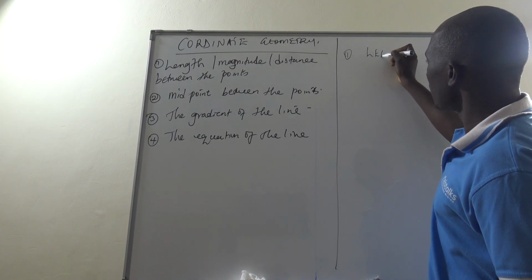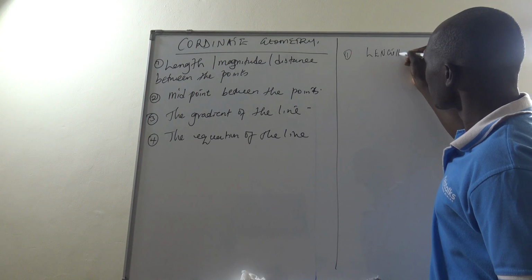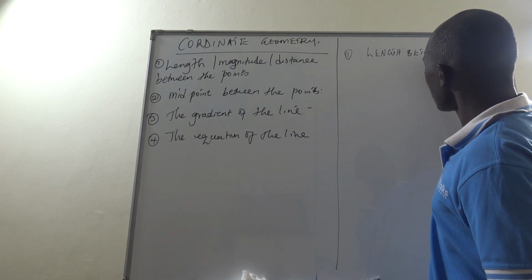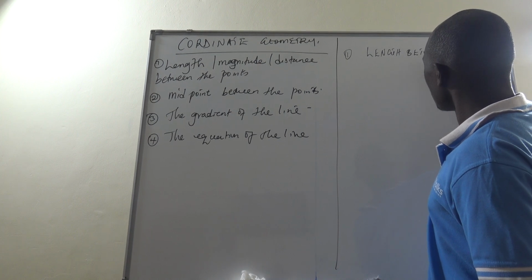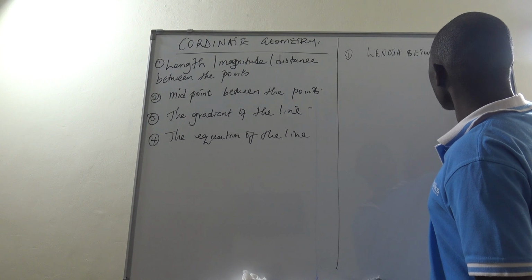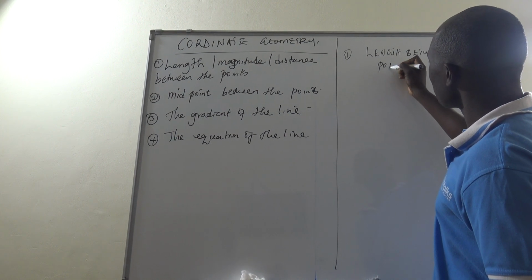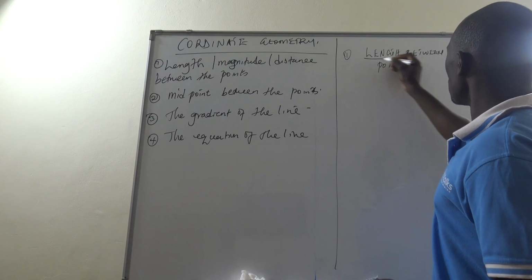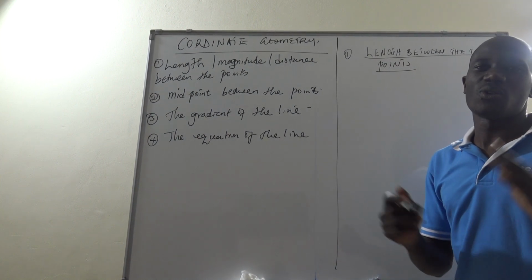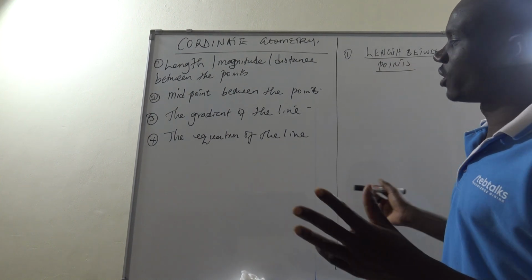We are going to start with the lengths between the 2 points. So when you find the word magnitude or length or distance, all of them are the same under coordinate geometry.